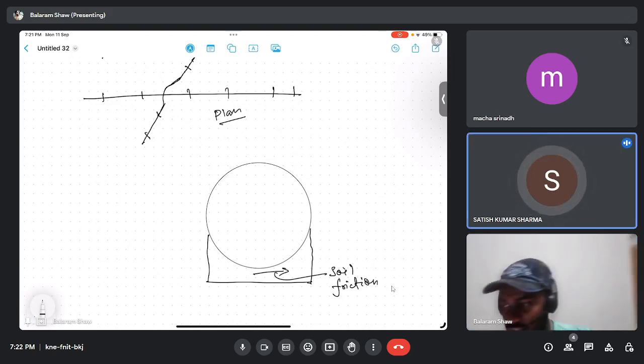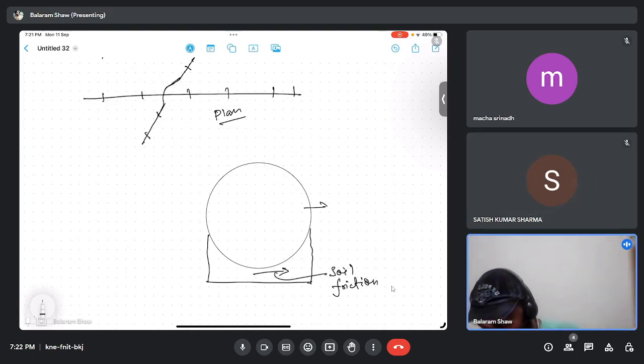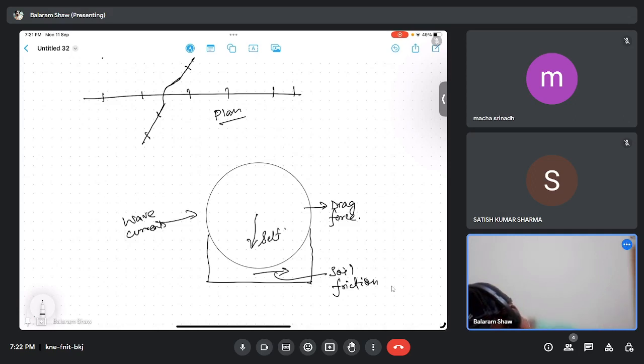Drag force will be there on the whole pipe. Then waves will be there, so wave currents will be there. Then the self weight of the pipe will be there.